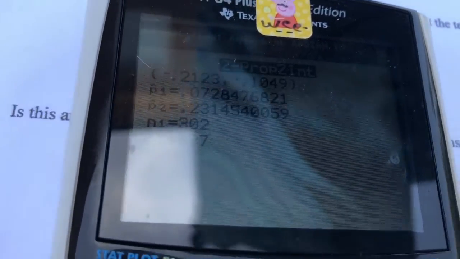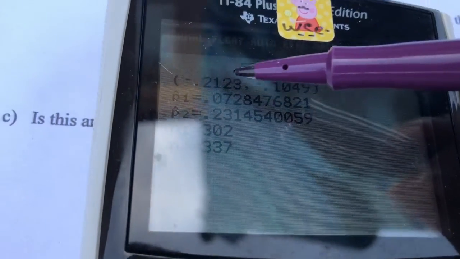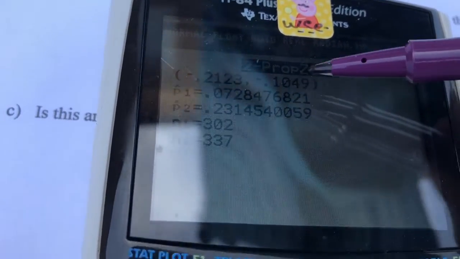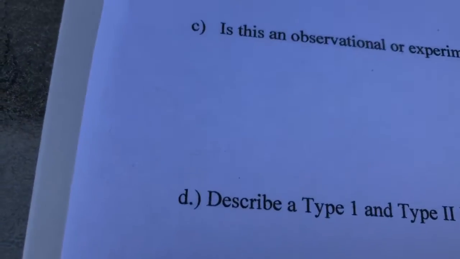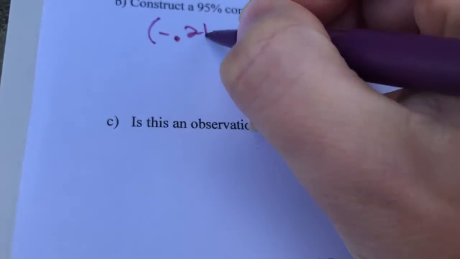Boom. All right, so if we look at it, it's an entirely negative difference. So going from negative 21% to negative 10%, an entirely negative difference. All right, let me jot this down so you can wrap your brain around that.